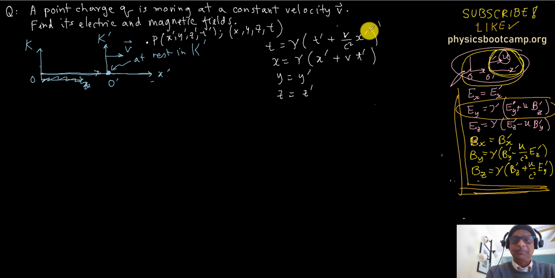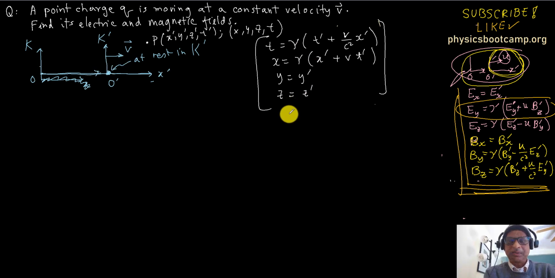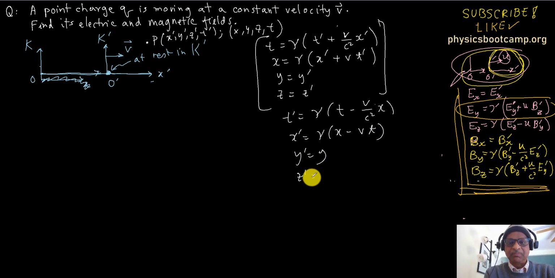And the reverse: this is one way, and I want to reverse it. You have t prime equals gamma times t minus v over c squared x, x prime equals gamma times x minus v t, y prime equals y, and z prime equals z.